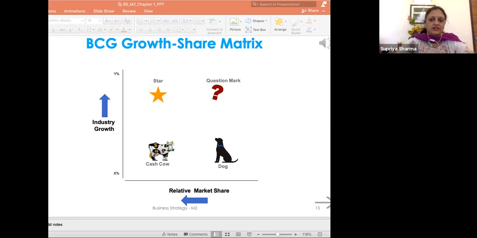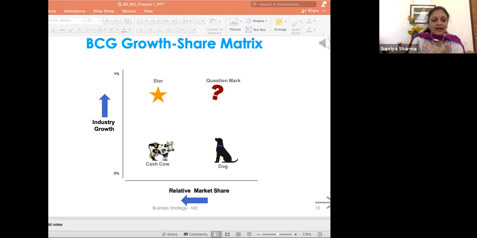Next comes the cash cow. A cash cow generally represents business units having a large market share in a mature but slow growing industry. So my market share is high, but it's a slow growing industry. A cash cow requires little investment, but it keeps generating cash which can be utilized.